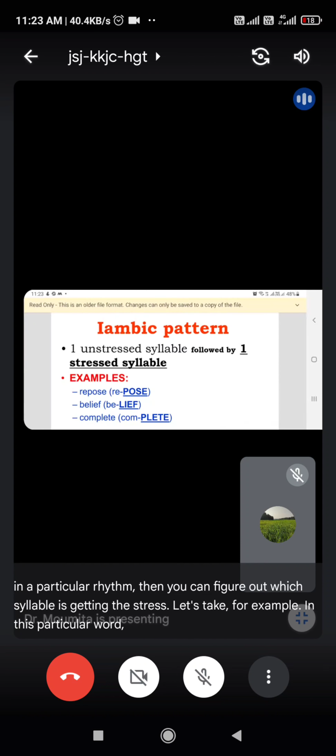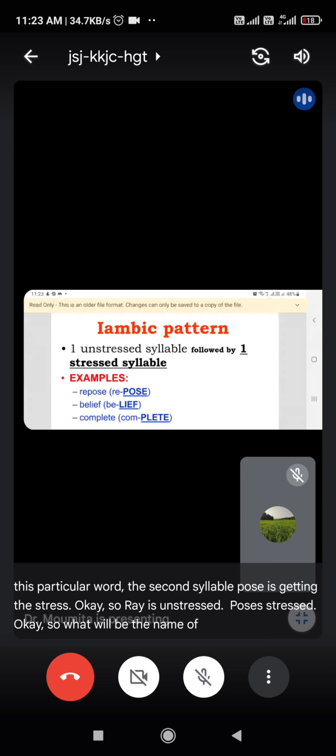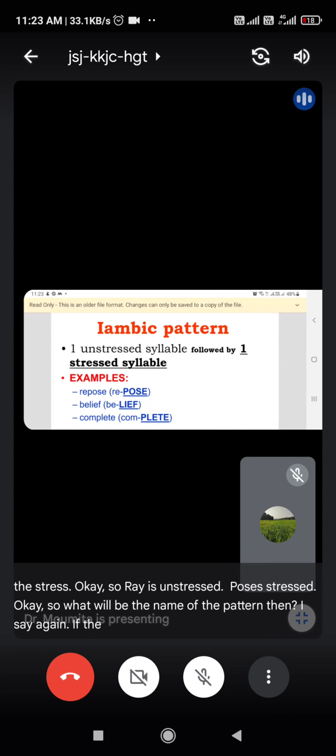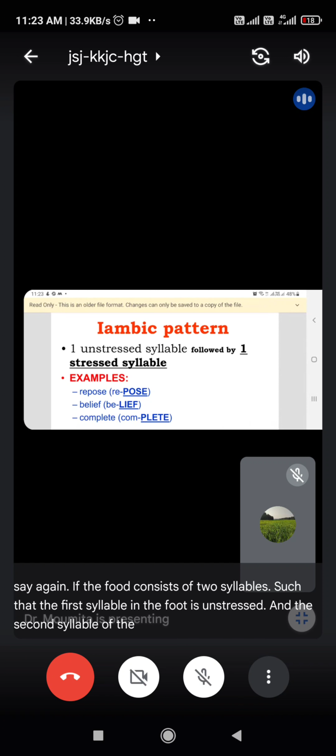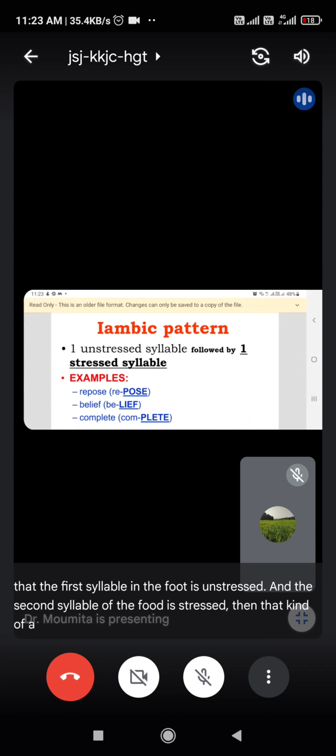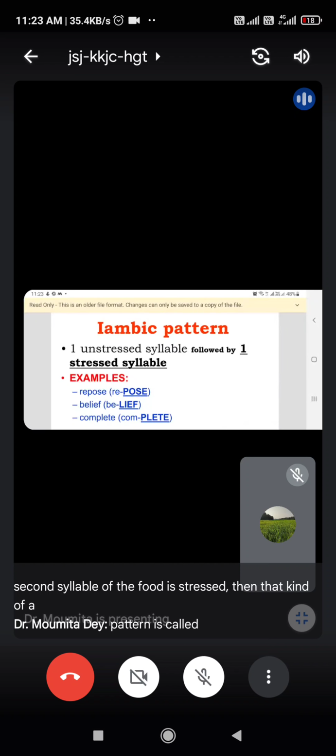So what will be the name of the pattern then? I say again, if the foot consists of two syllables, such that the first syllable in the foot is unstressed and the second syllable of the foot is stressed, then that kind of pattern is called iambic pattern.